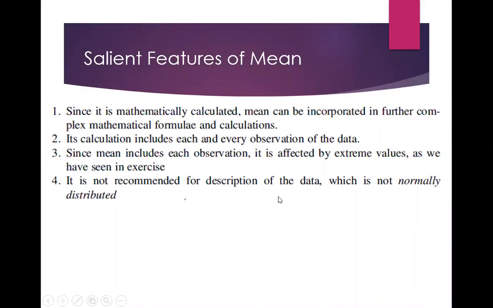Hence, it is not recommended for description of data which is not normally distributed. I have given you a hint before that normally distributed data have a bell-shaped distribution curve. I'll talk about statistical distributions in my other lecture. So these were features of the arithmetic mean.